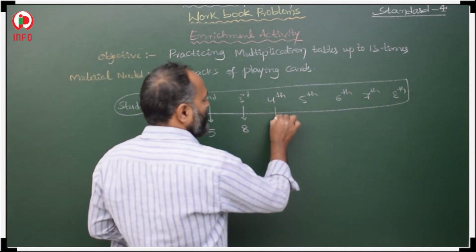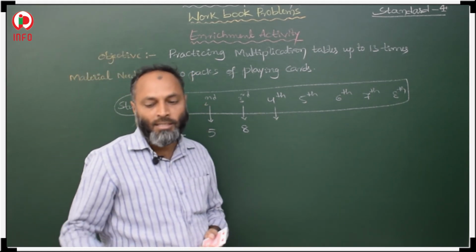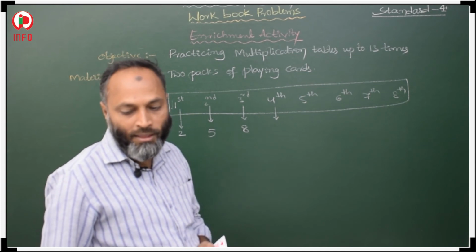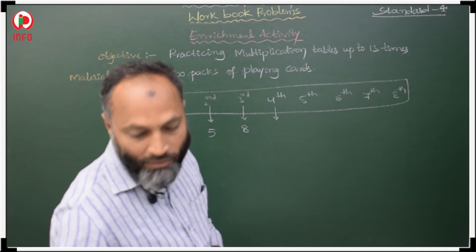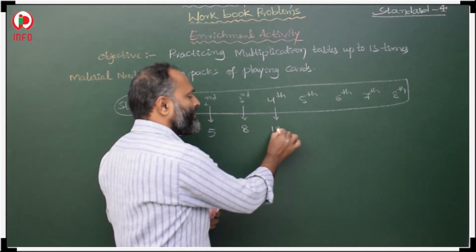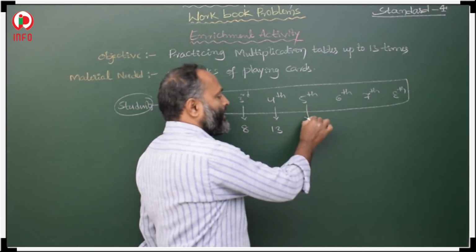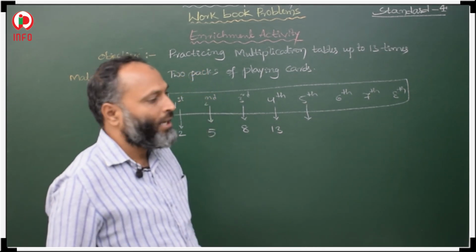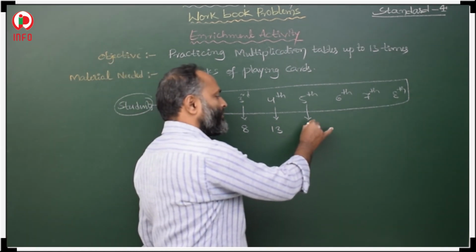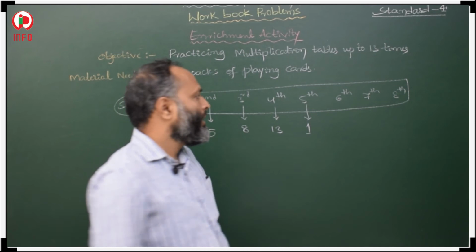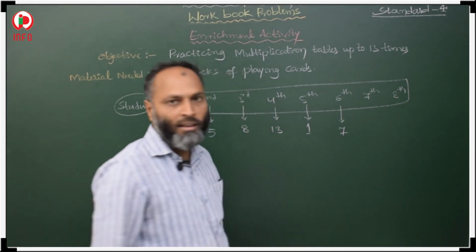And the fourth picked Queen. Queen is number 13, in your textbook it is there, queen is 13. Then the fifth student picked ace, ace means 1, and the sixth student picked the number 7 card.